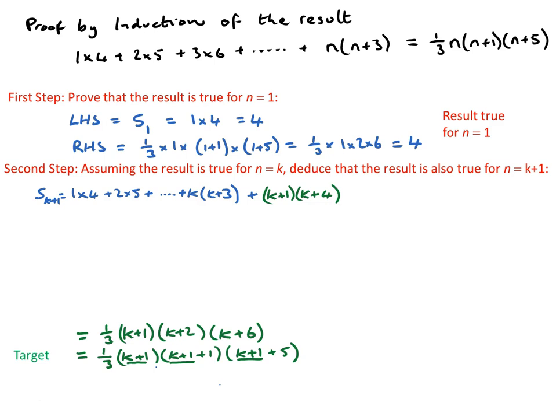We know that S(k+1) is 1 times 4 plus 2 times 5 all the way along to k times (k plus 3), and that of course is just Sk, and then we've got (k plus 1)(k plus 4) added on. So S(k+1) is Sk plus (k plus 1)(k plus 4).